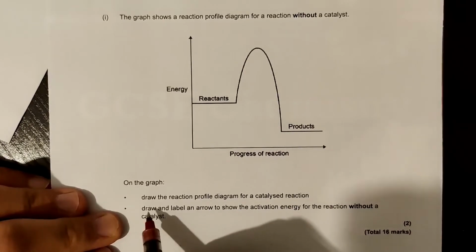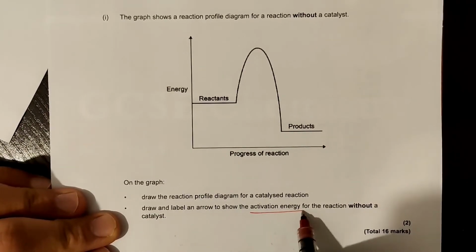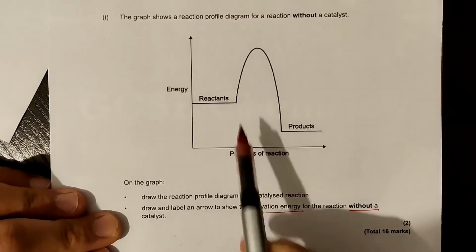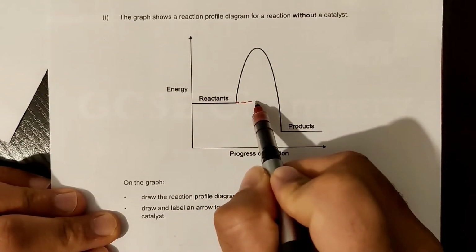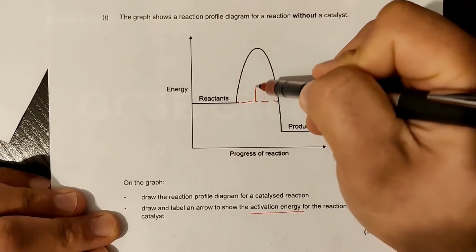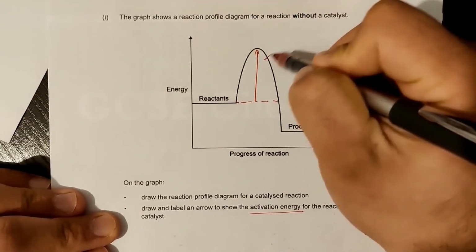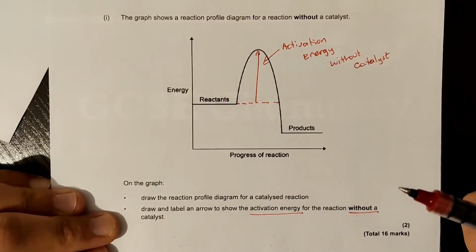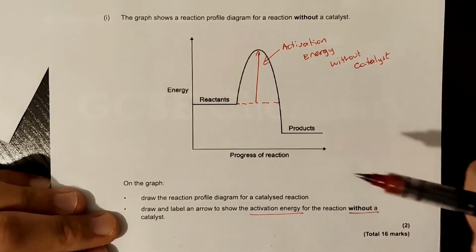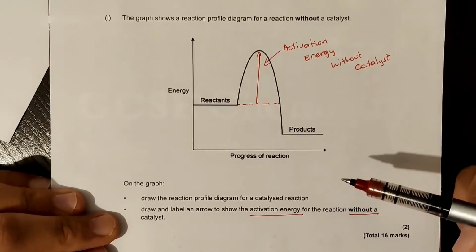First we're going to draw the activation energy without the catalyst, and it says that this here is without a catalyst. So if this is the reactant, this here is the activation energy. Now what a catalyst does is it reduces the amount of activation energy needed for the reaction.